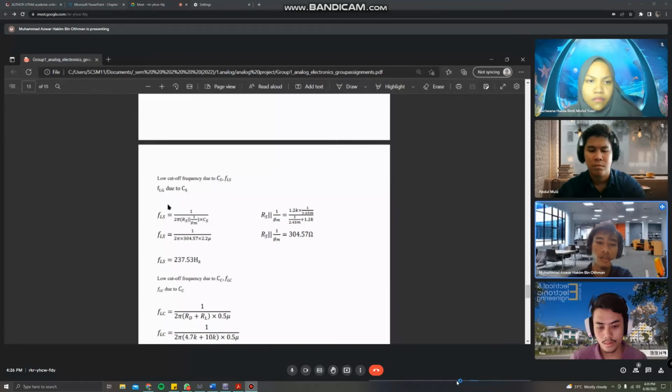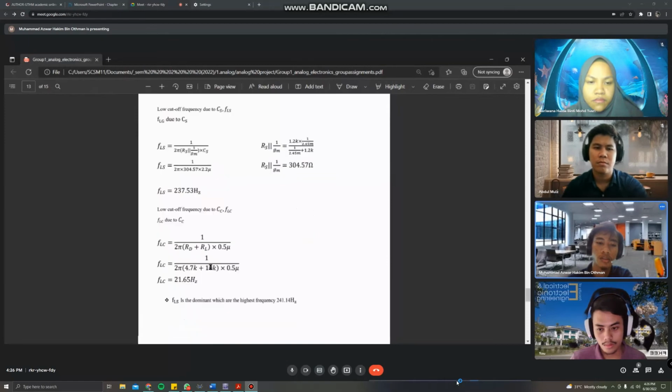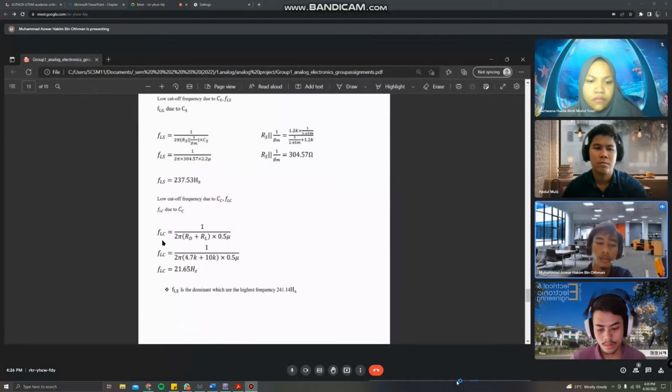And after that, we substitute into the frequency equation, and we get the FLS value equals to 237.53 Hz. Next, we need to find FLC, which is the frequency due to capacitor CC.